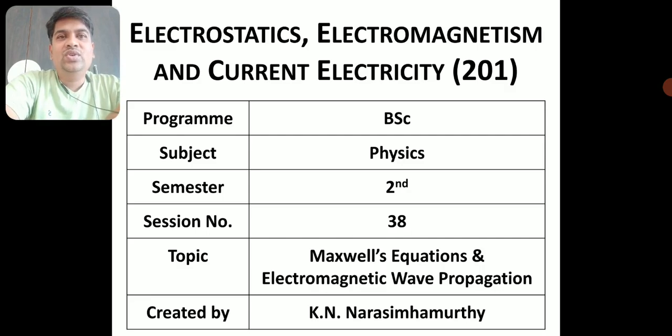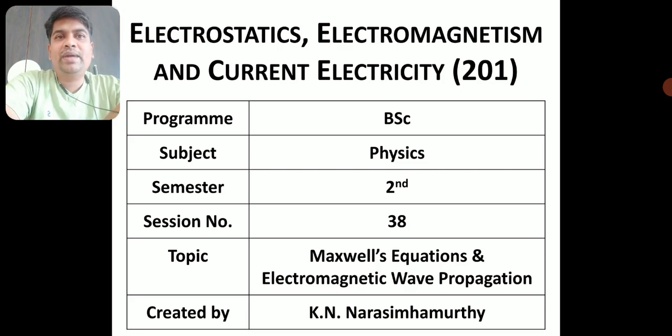So I have derived one Maxwell's equation. Maxwell gave 4 sets of equations. This behavior of electric and magnetic fields is governed by these 4 important sets of equations given by Maxwell. I derived the first Maxwell equation in the previous video.